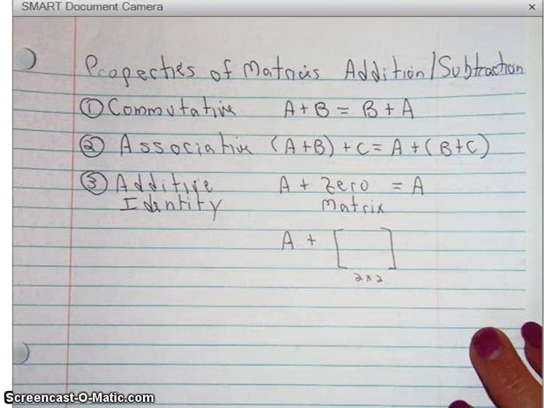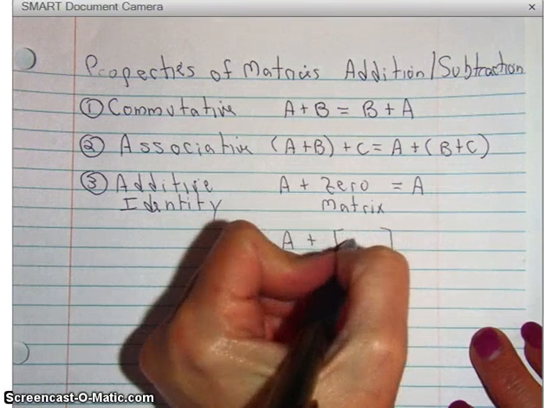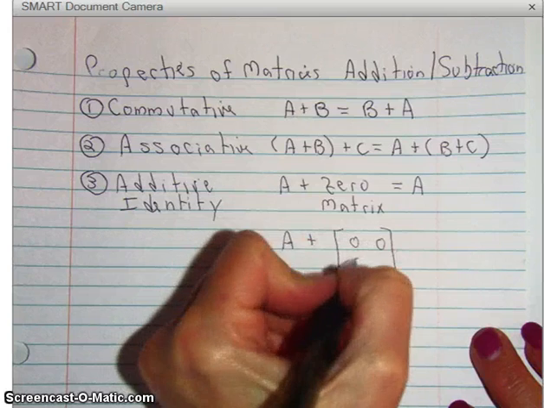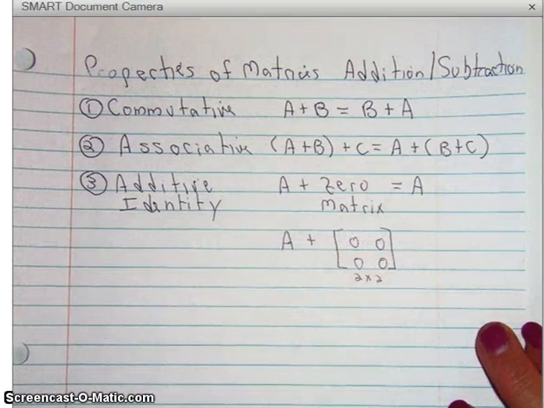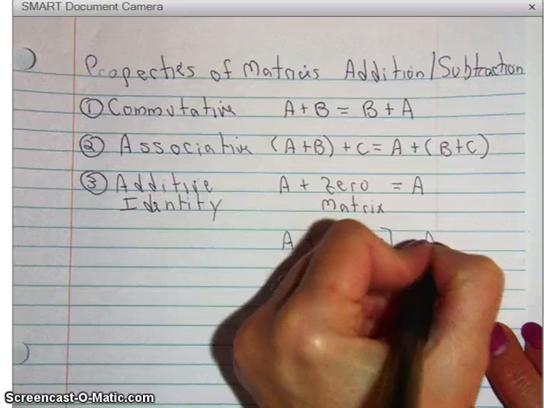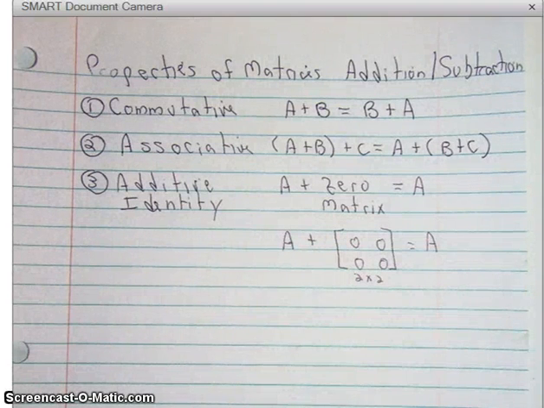The 2 by 2 0 matrix looks like this. 0, 0, 0, 0. Now, what if A were a 3 by 3? Well, then the 0 matrix would look like 0, 0, 0, 0, 0, 0, 0, 0, 0. Otherwise, you can't add matrices. But for a 2 by 2, it's just 0, 0, 0, 0.